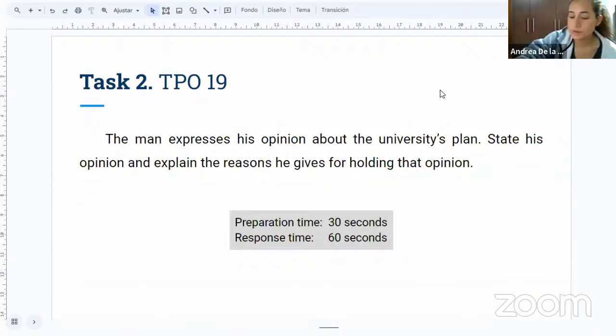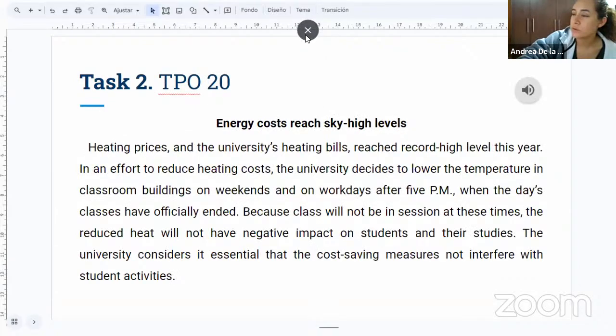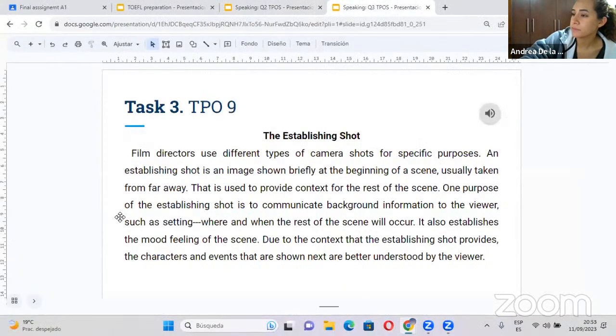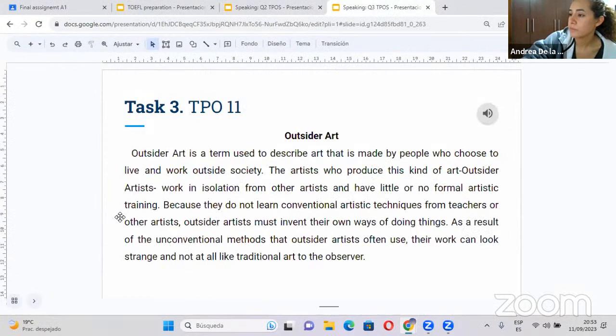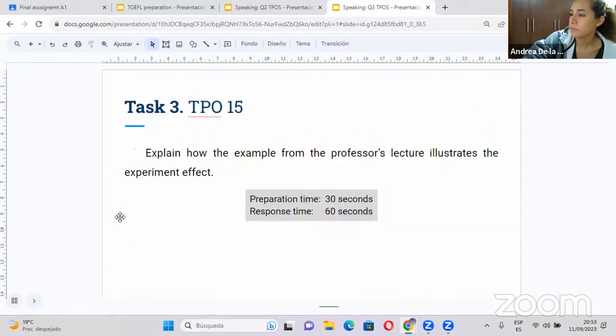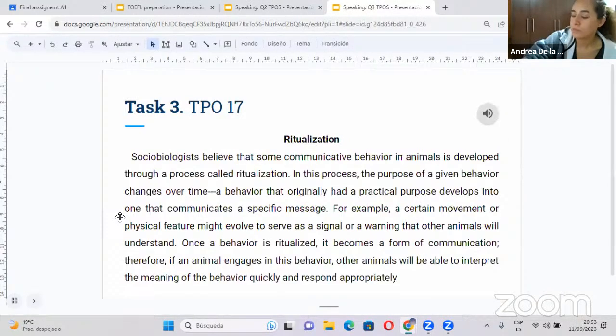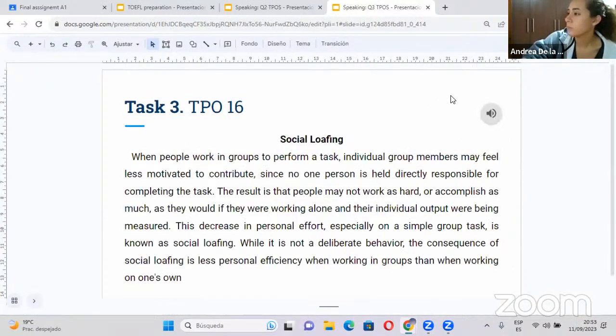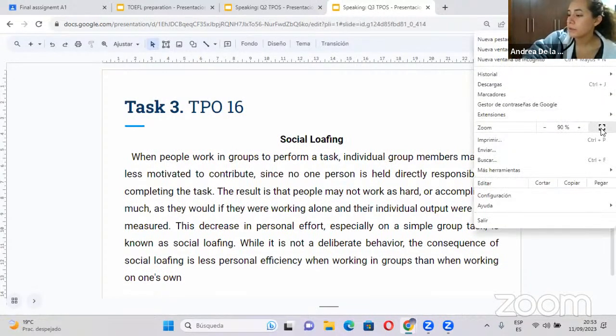Now let's do question 3. So we're going to do the same.